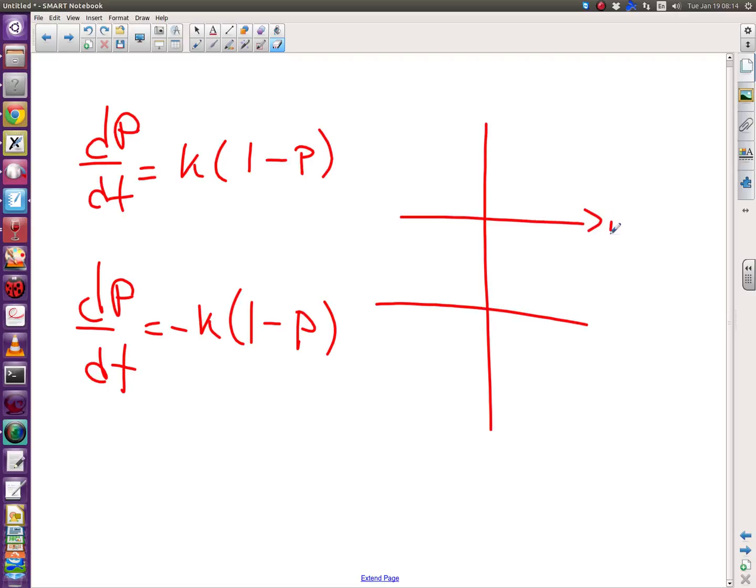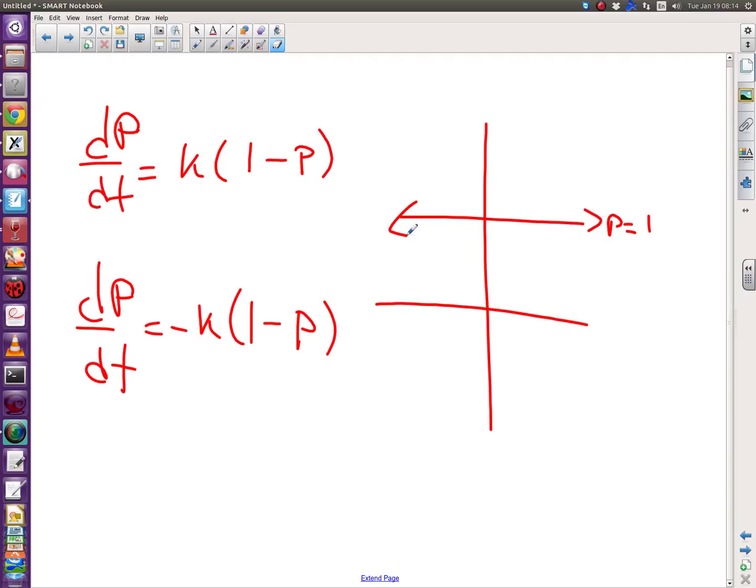So say this is P equals 1. What happens if you pick a number between 0 and 1 to start as your initial condition? So you plug in a half, and K is positive. What's this, positive or negative? Positive. The whole thing is positive. But as you get closer and closer to 1, plug in 0.7, this is smaller. Plug in 0.8, this is smaller.